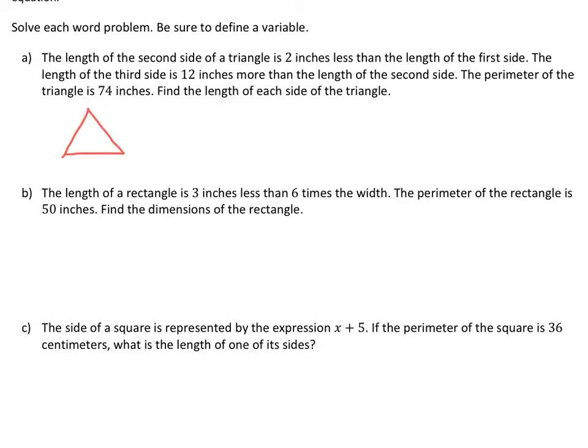Okay, and we have the first side, second side, and third side. Doesn't really matter which is which. Let's start with the first side being on the left, for example. So let's say our first side is just plain old x. So let x equal first side.